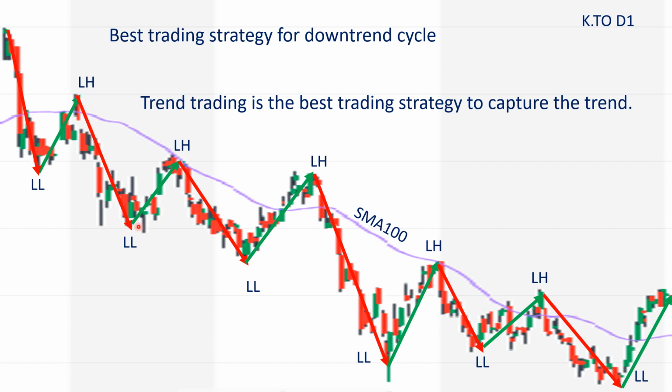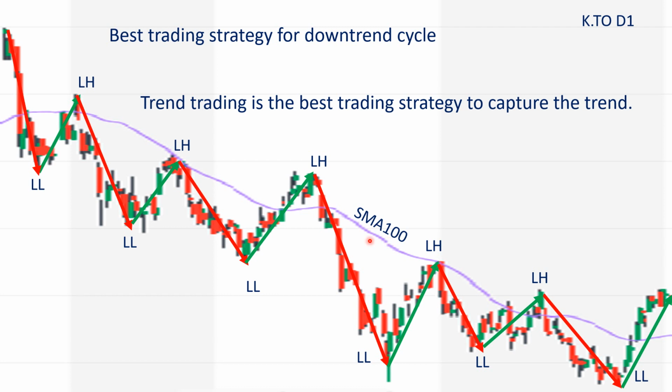Now, many people ask me where the pullback ends. The pullback basically ends, if you are in an uptrend, in a support area, and if it is a downtrend like this, it ends in resistance like this one. That's the dynamic resistance.